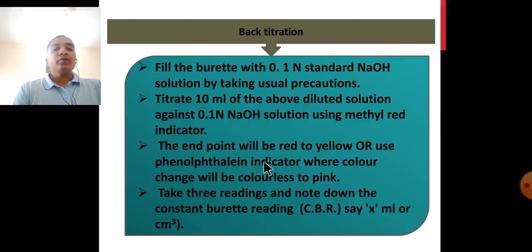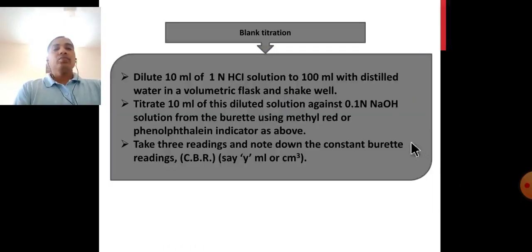The end point will be red to yellow, or use phenolphthalein indicator where the color change will be colorless to pink. Take 3 readings and note down the constant burette reading, that is the CBR, say X ml or cm cube.